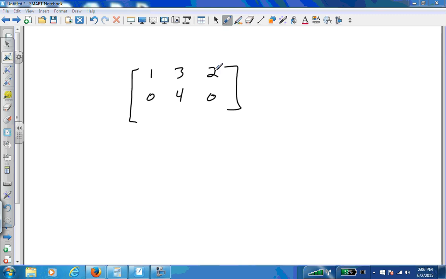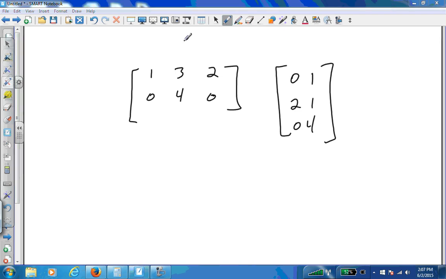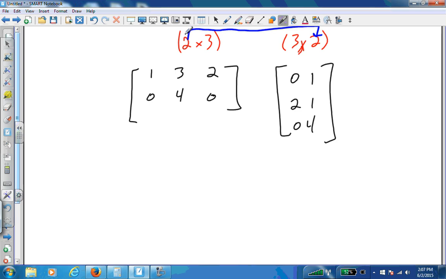I have 3 columns here, so I need 3 rows in whatever we're multiplying by. So let's do 0, 1, 2, 1, 0, 4. So just to check, 2 rows, 3 columns, 3 rows, and it doesn't matter how many columns, in this case, 2 columns. So our resulting matrix will be a 2 by 2. Those match, so our resulting size is 2 by 2.